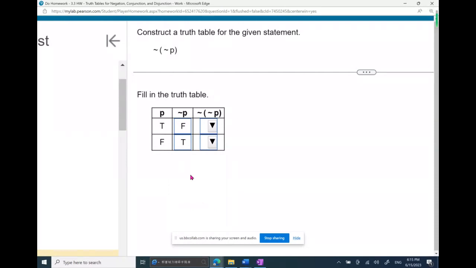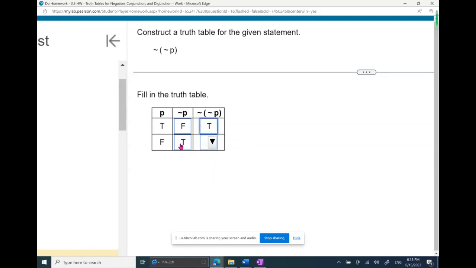You see that? Okay, so now let's look at column 3. Column 3 is the negation of column 2. So column 3 should have opposite values of column 2. So when not P is false, the negation of that is true.